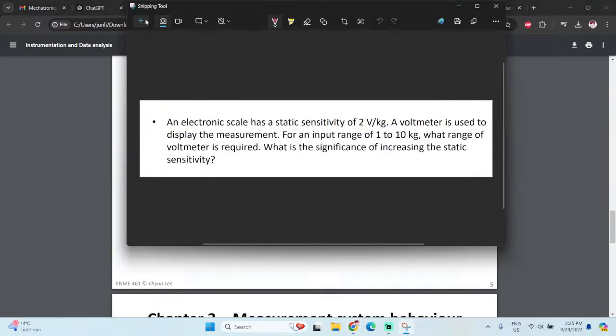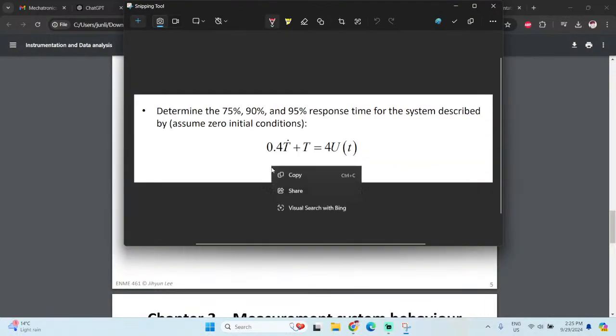Okay, we can do the question underneath that with the percentages.